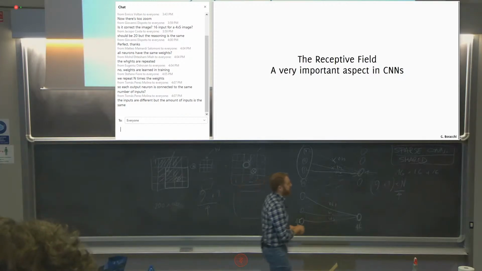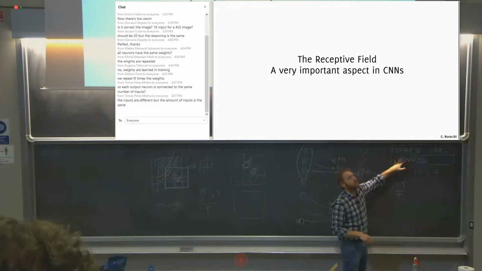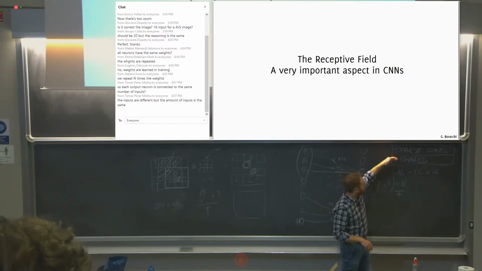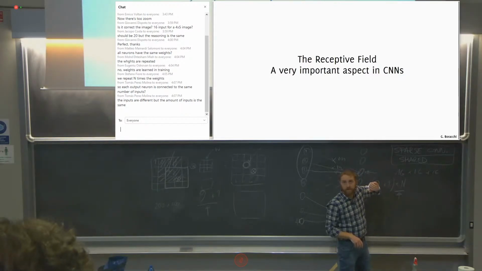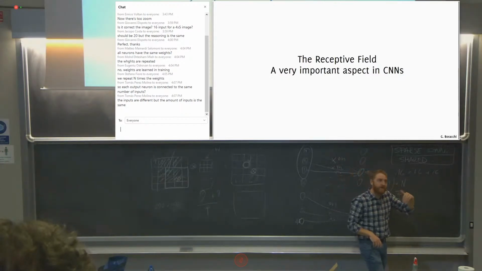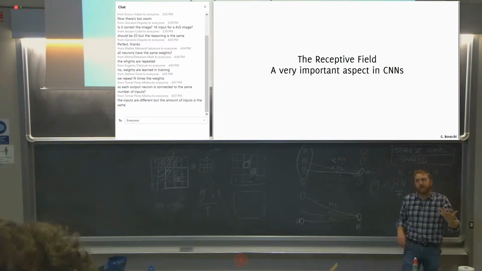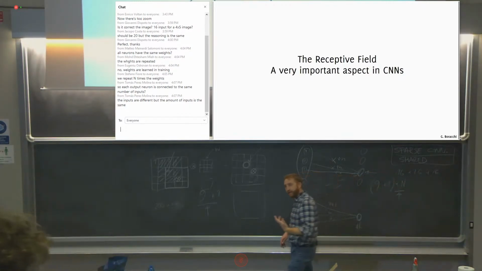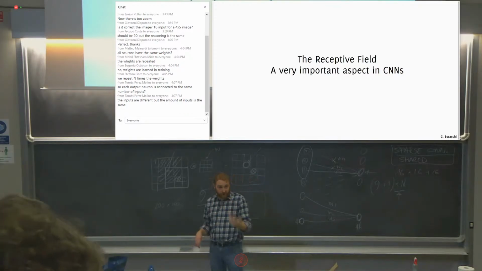Okay, but it is important to stress why you have shared weights and sparse connectivity. It doesn't make much sense in a traditional feed-forward neural network to use shared weights or sparse connectivity.